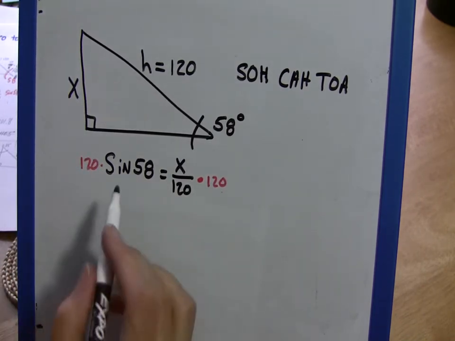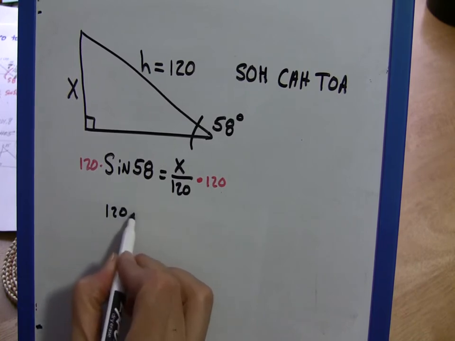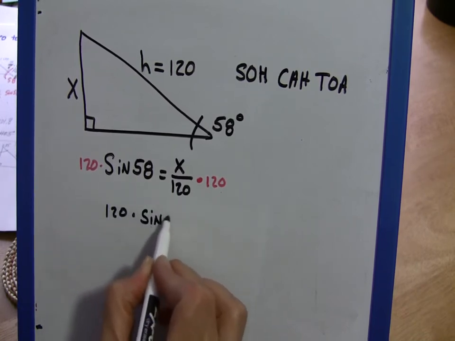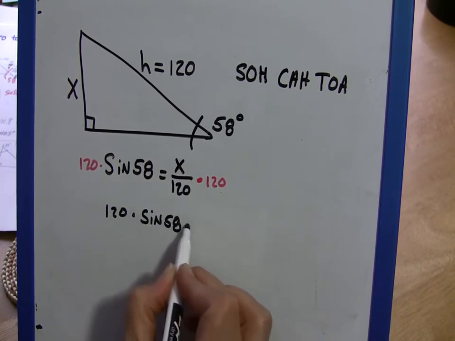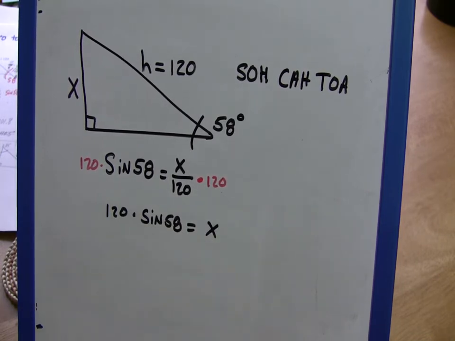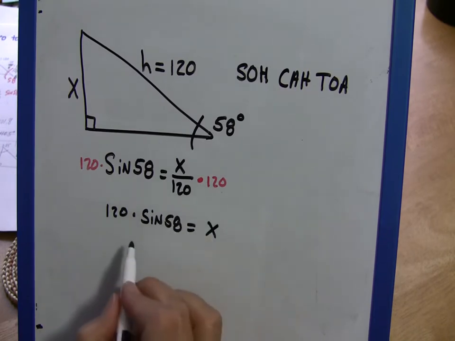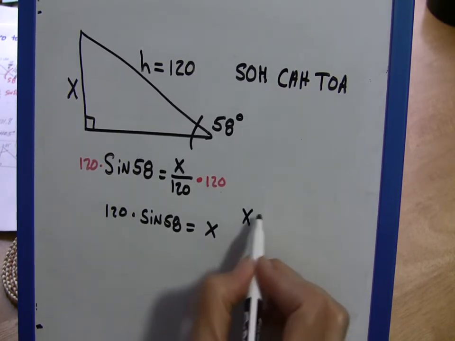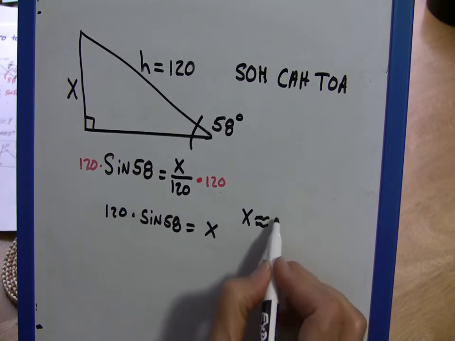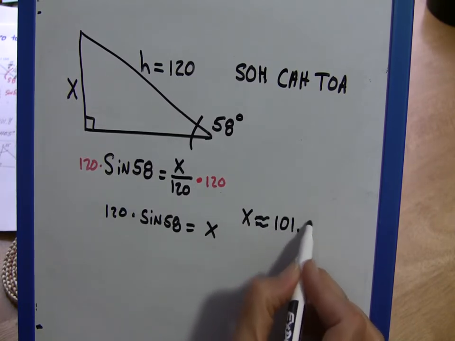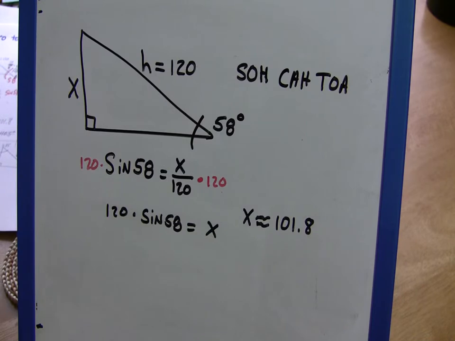We're going to then get 120 times the sine of 58 degrees equals x. We punch that through on a calculator, and we get that x equals approximately 101.8. So that's an example for the sine function.